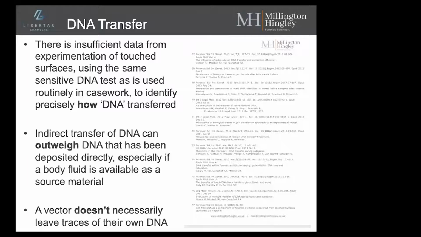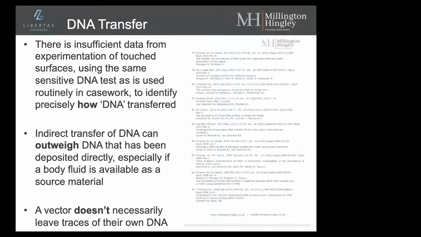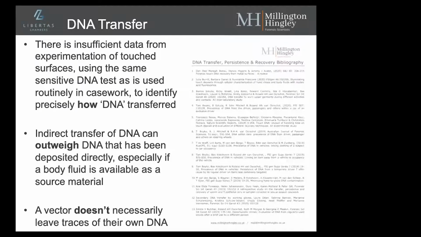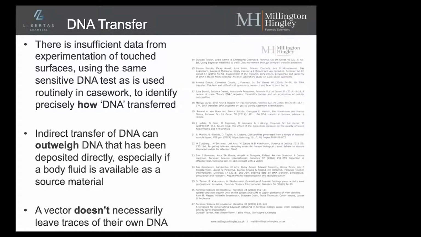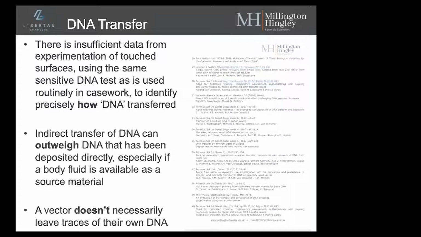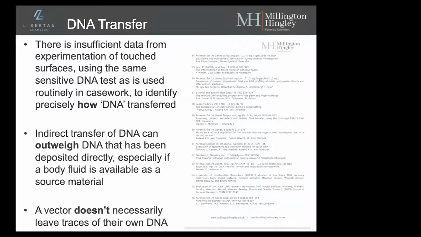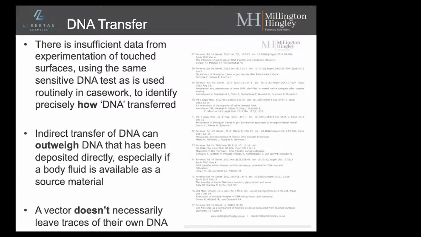There are infinite variables and infinite possibilities in casework that we might not necessarily be able to robustly investigate through research. So it becomes really difficult to just link onto a research topic and say, right, that one applies here, and therefore the answer is indirect or direct.